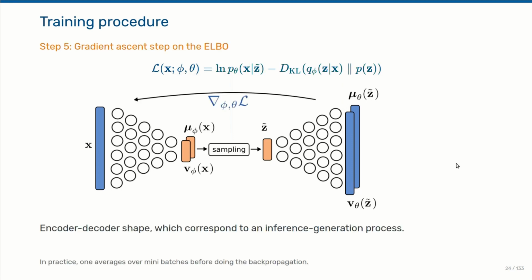And once we have done that, we can compute the loss shown in the previous slide and take the derivative with respect to both the parameters of the encoder and the decoder, and therefore backpropagate the error through the entire network.